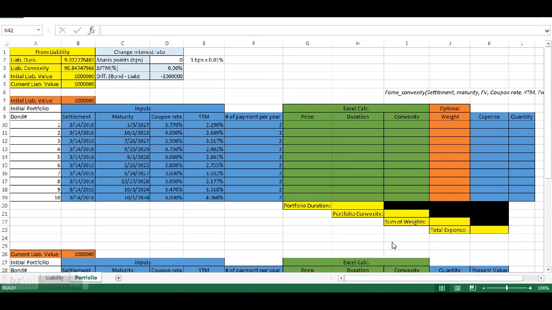In this part of the video, we are going to develop the weight of each bond in this bond portfolio we need to use to hedge the liability.